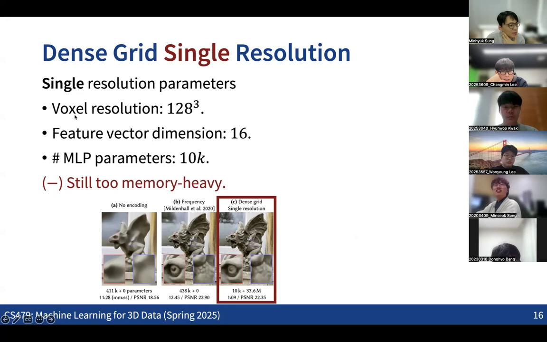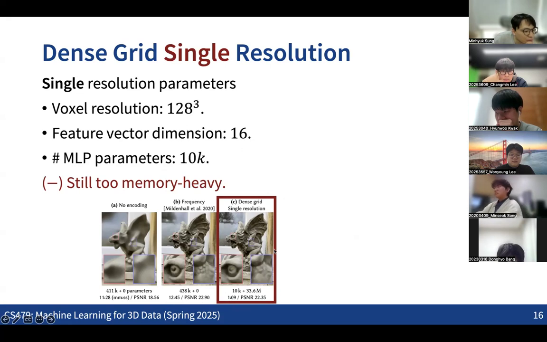But when you have a hybrid representation, with a voxel resolution of 128 cubic, a feature dimension of 16, and a shallow network for the decoding, it gives good quality. Compared to the NeRF case, which takes probably 12 minutes, this takes only 1 minute.